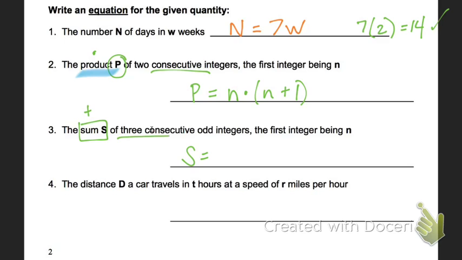And we're going to have 3 consecutive odd integers. So let's just name some consecutive odd integers. So if my first integer is 3, what would the next integer be after that? 5. And then the next one would be 7. Perfect. So I want you to write this equation, but write it in terms of n.